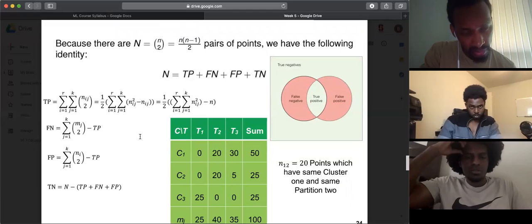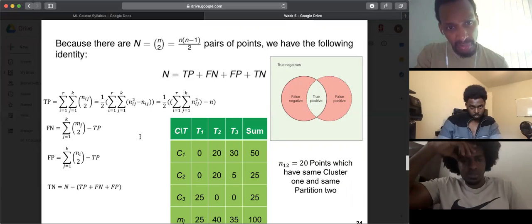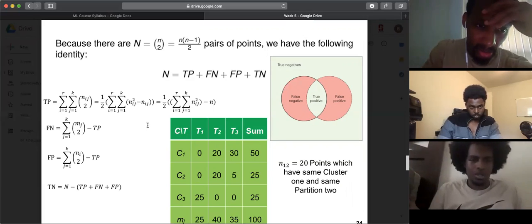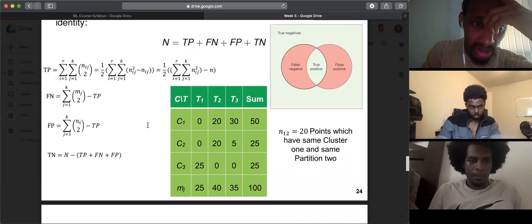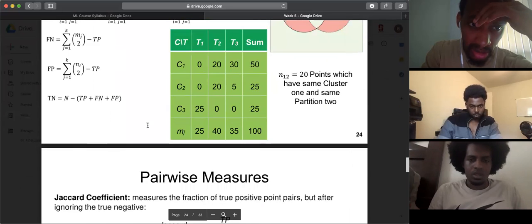True positive is described as one half times the double sum of n_ij squared minus n. I'm not actually sure how they've derived these numbers, but it might just come from the permutation thing. I think.